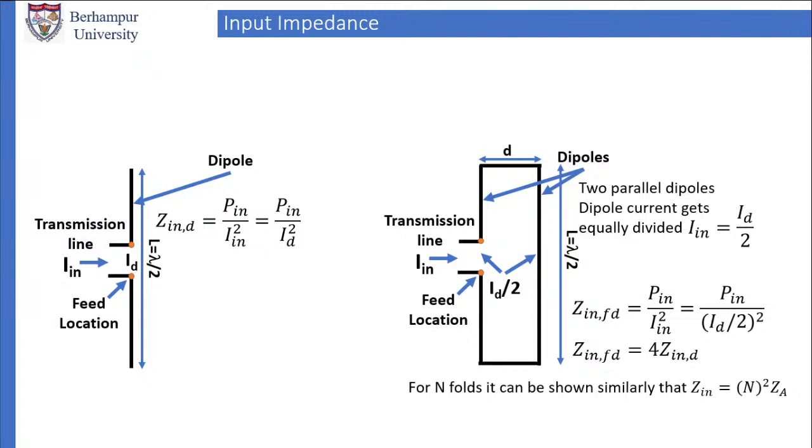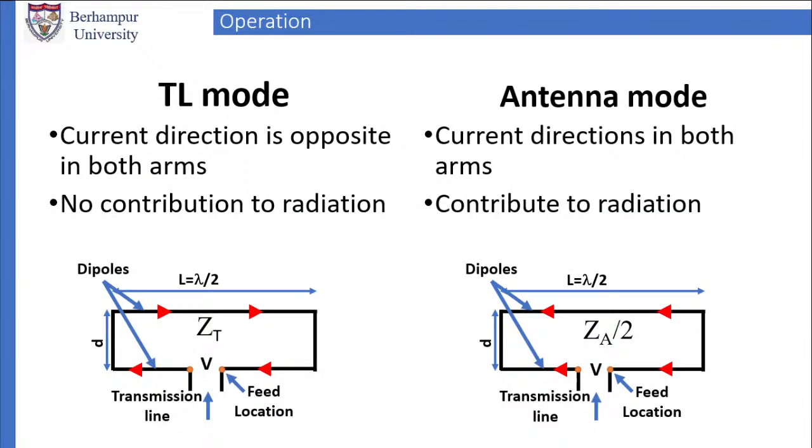Now let us see a slightly different analysis. This analysis considers two modes of operation for the folded dipole. One is called the transmission line mode, other is called the antenna mode. In the transmission line mode, the current direction in both the arms are opposite.